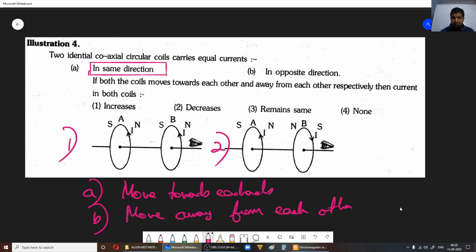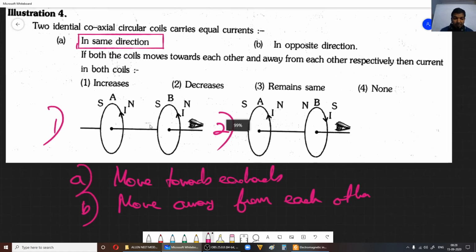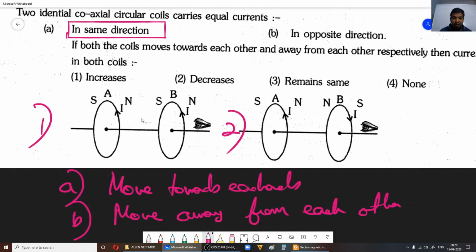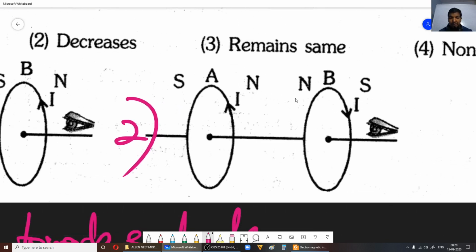Okay, so in the first diagram, as you can see, the current in both the coils is in the same sense. Now, in the second case, if you observe, the current in both the coils is in the opposite sense. So, coil A, with respect to the observer, is in the anti-clockwise direction. Now, the current in loop B, or coil B, is in the clockwise sense.